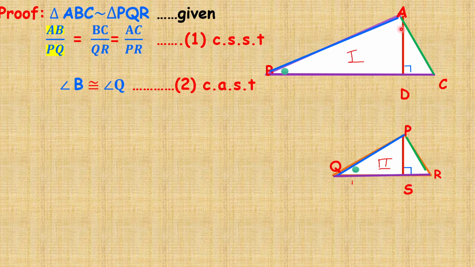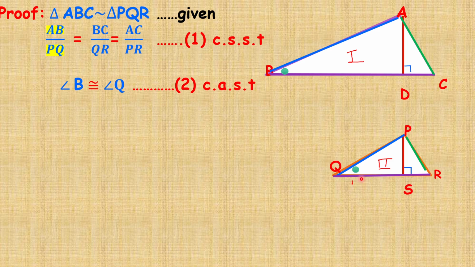Now, by construction, AD is perpendicular to BC, therefore angle ADC is 90 degrees and angle ADB is also 90 degrees. Similarly, PS is perpendicular to QR, therefore angle PSR is 90 degrees and angle PSQ is also 90 degrees. Then we have to prove that triangle 1 and triangle 2 are similar.